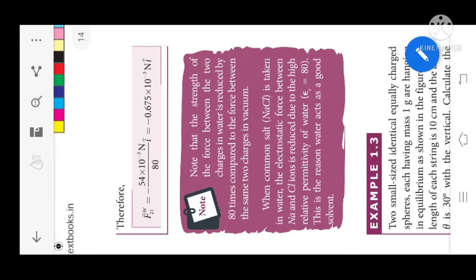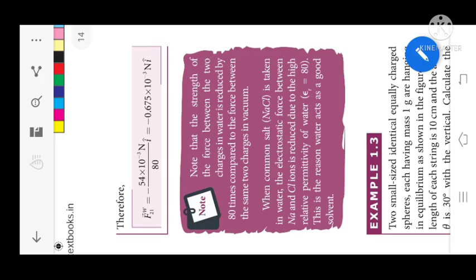We get F21 of water is equal to minus 54 into 10 power minus 3, which is found in the previous case, divided by epsilon R. Epsilon R is given. So the answer is minus 0.675 into 10 power minus 3 newton i cap.